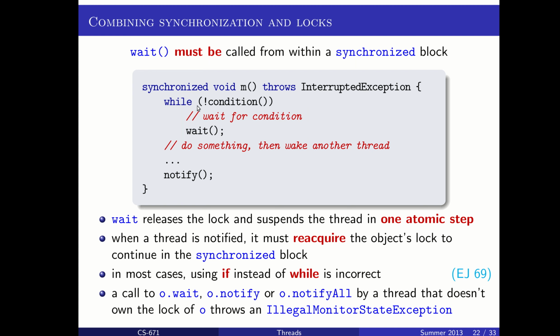So even if notify was called on this, our wait would still need to reacquire the lock to continue in that synchronized block. That means if multiple things are waiting and they all get notified, they may still have to wait and pause longer to get the object's lock, in the waiting line of threads hoping to get that lock and continue doing their work.